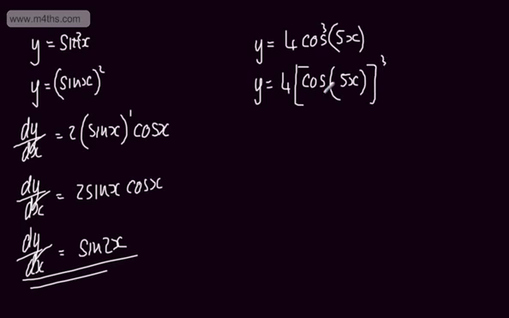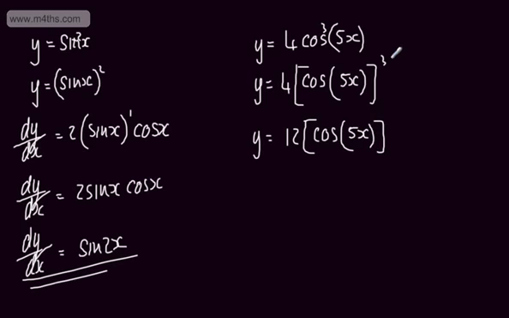So we can see we've got a function of a function of a function. We've got 5x, we've got cos x, and then we've got x cubed. So what we need to do is differentiate the outside function. If I differentiate the outside function, taking it to be x cubed, we're going to multiply down by the power. So we're going to have 12, then rewriting the inside function, cos of 5x.